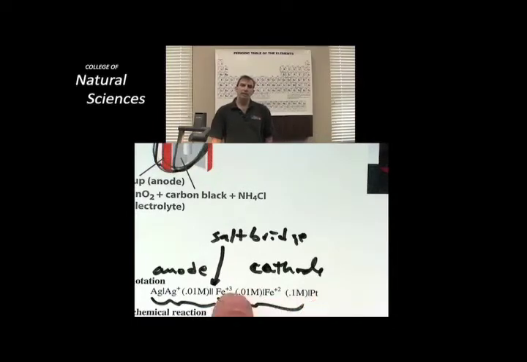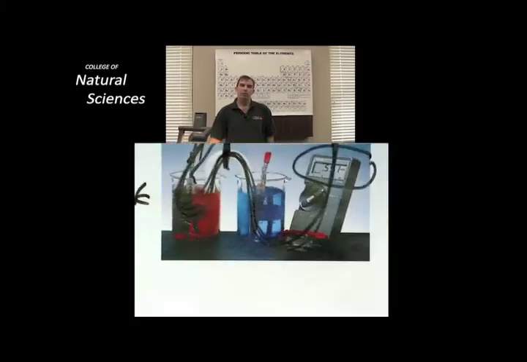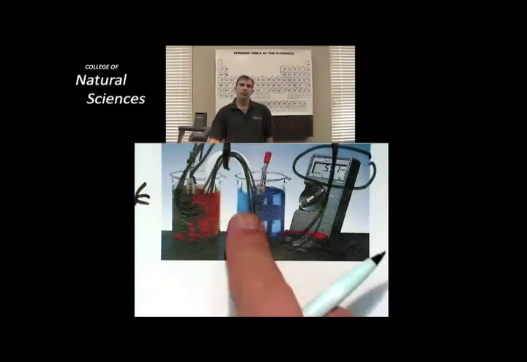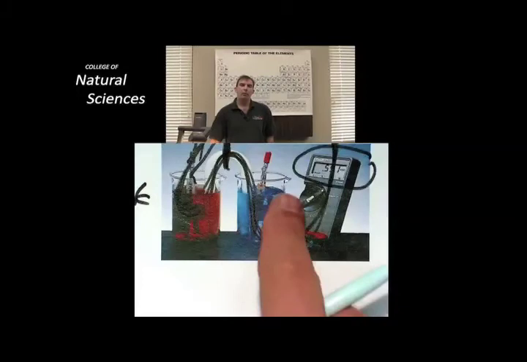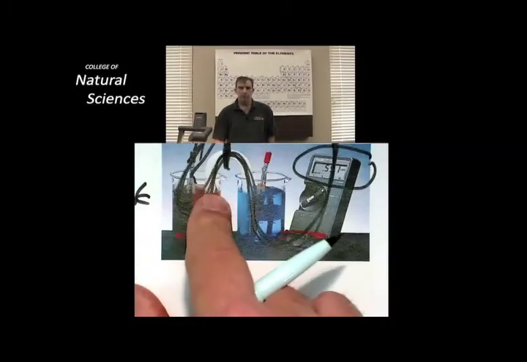It can't be my electrode. So evidently the wire which is sitting down inside here is my platinum. So I've got iron plus 3 and iron plus 2 in the solution and a platinum wire. Silver wire with a silver ion solution, platinum wire with an iron plus 3 and iron plus 2 solution.